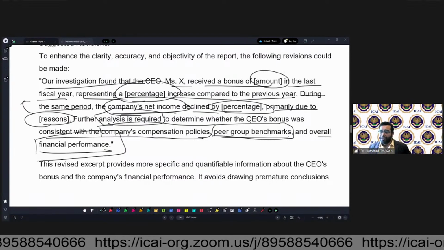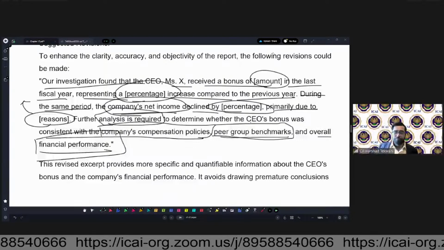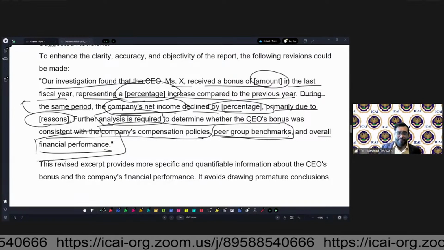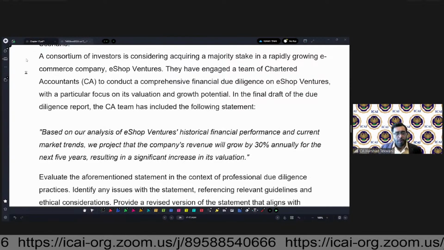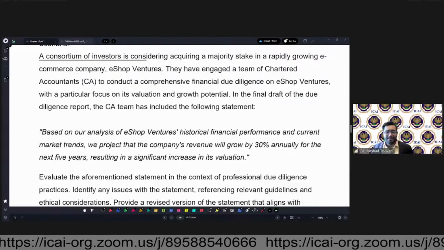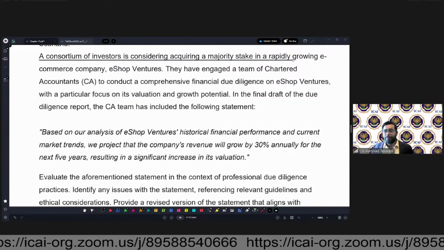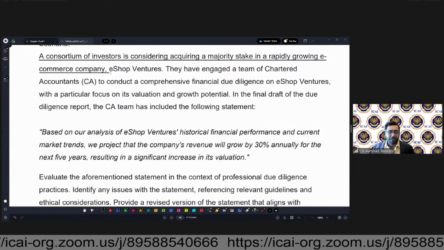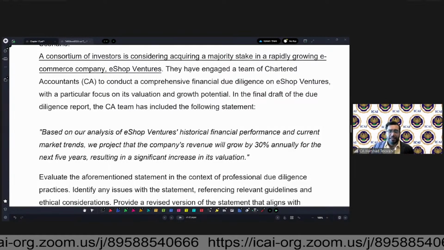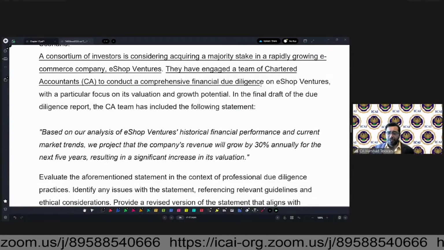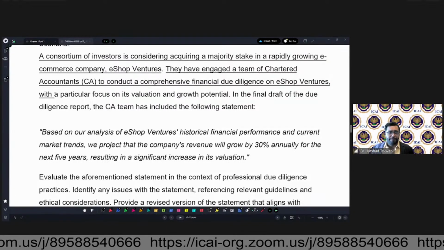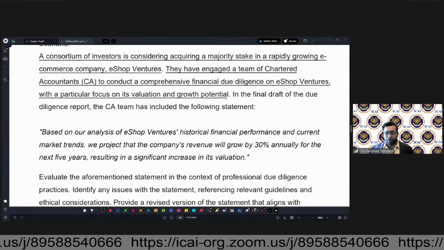If no further doubts, let's take one more question on similar lines. Very interesting question. A consortium of investors is considering acquiring a major stake in the rapidly growing e-commerce company, eShop Ventures. They have engaged a team of chartered accountants to conduct a comprehensive financial due diligence on eShop Ventures, with a particular focus on its valuation and growth potential.